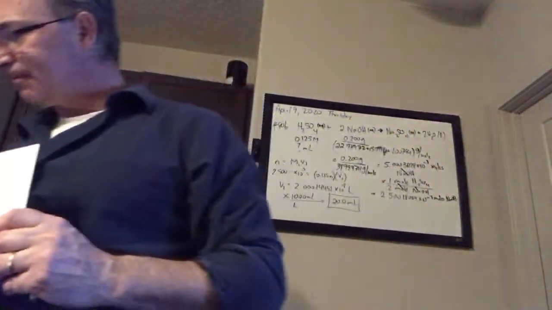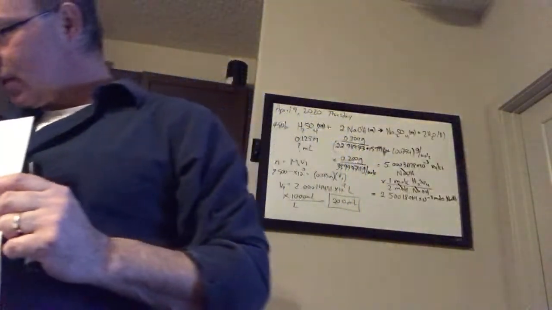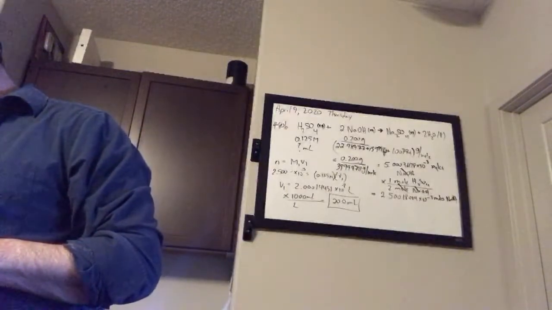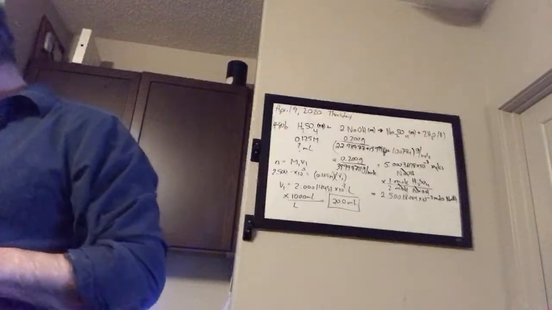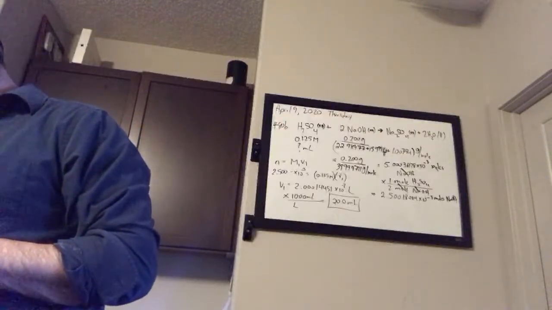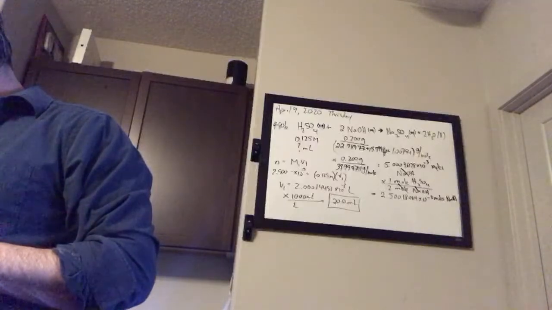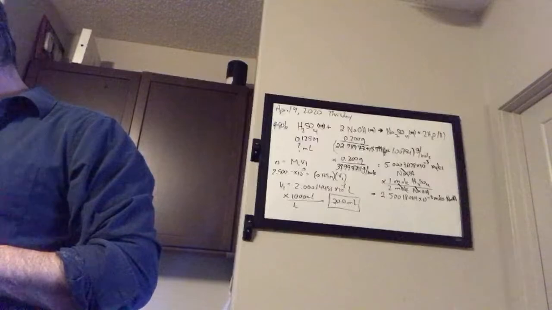I'm doing 80C next. So if 55.8 milliliters of barium chloride solution is needed to precipitate all the sulfate ion in a 752 milligram sample of sodium sulfate.